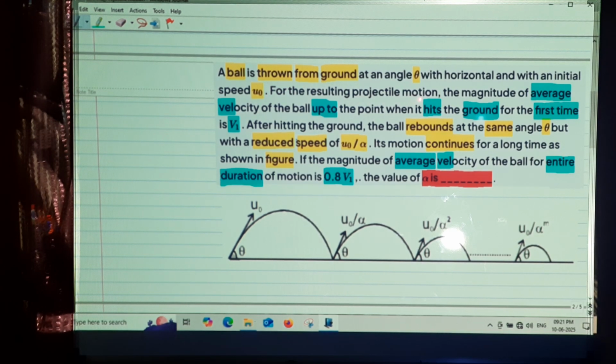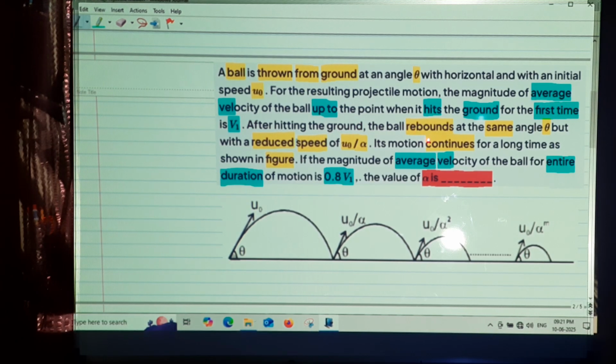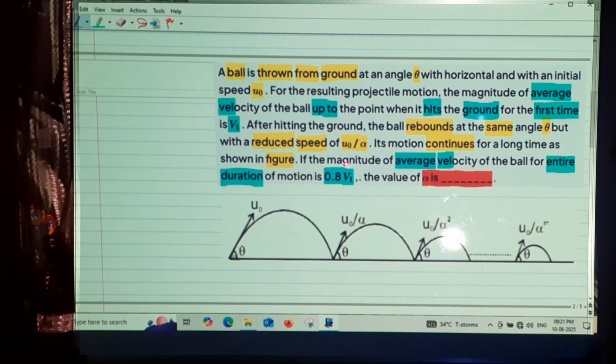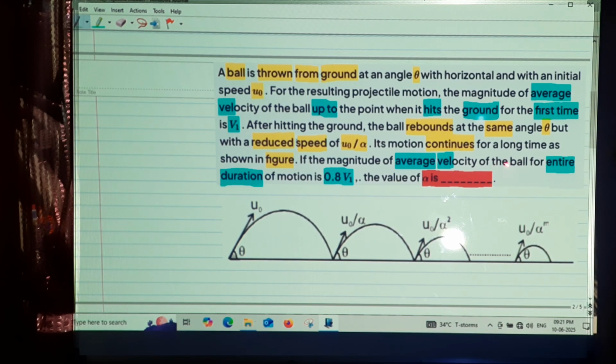For the resulting projectile motion, the magnitude of average velocity of the ball up to the point where it hits the ground for the first time is v1. After hitting the ground, the ball rebounds at the same angle theta but with speed reduced by a factor alpha. Its motion continues for a long time as shown in the figure. If the magnitude of average velocity of the ball for the entire duration of motion is 0.8 v1, the value of alpha is. So this is how the motion looks.